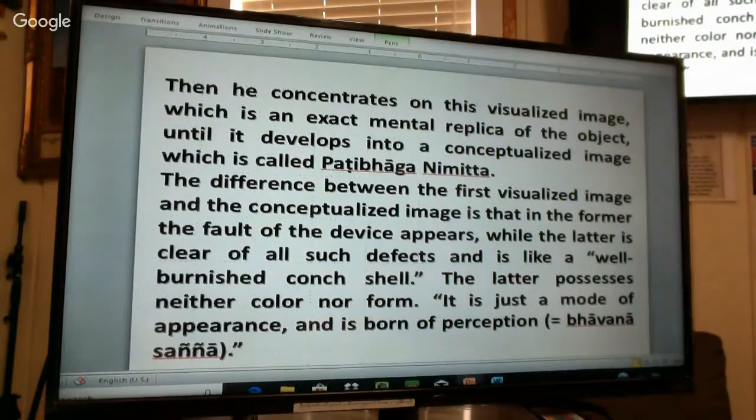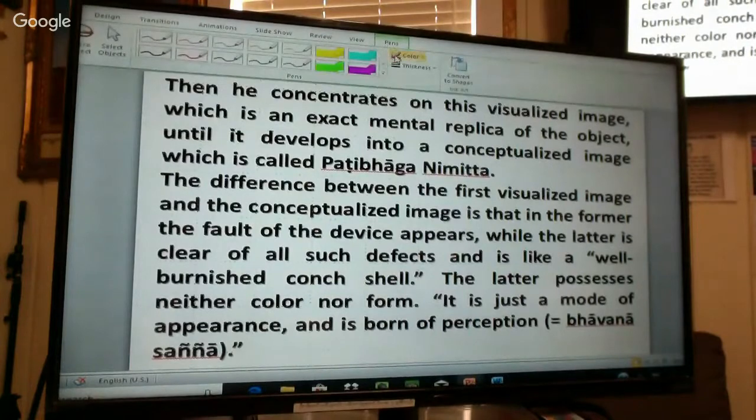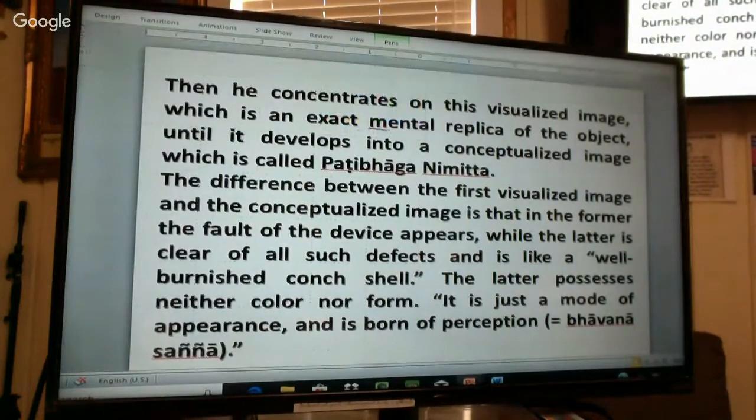The image is like a mental replica of the object, until it develops into the conceptualized image, the Patibhaga Nimitta. So what is the difference between the visualized image and the conceptualized image, Patibhaga Nimitta and Uggaha Nimitta?